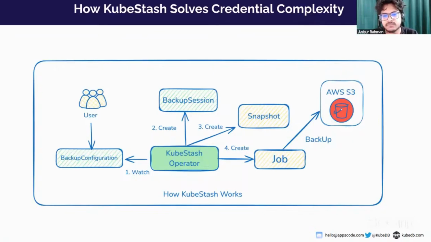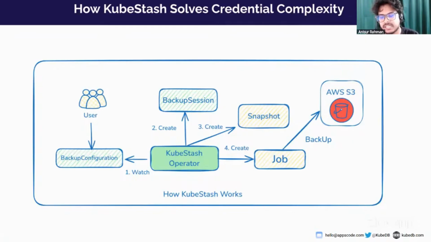After that, the KubeStash operator also creates the job. This job is responsible for dumping any database or taking a file system snapshot of any workload application, for example a StatefulSet application.